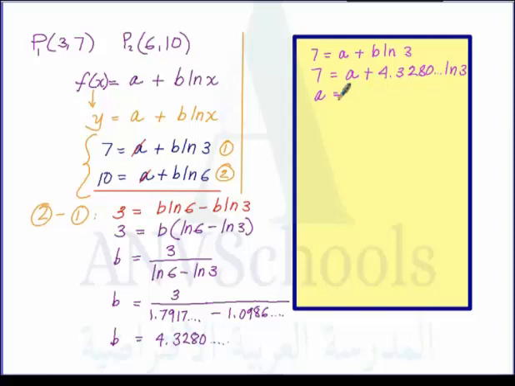We have 4.3280, with a series of decimals, times ln of 3. Let me compute it with my calculator.